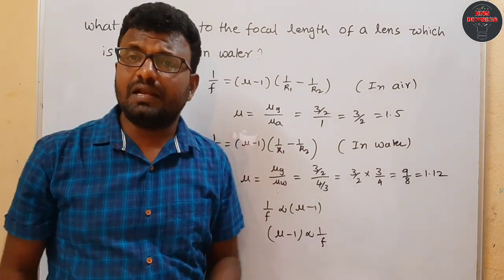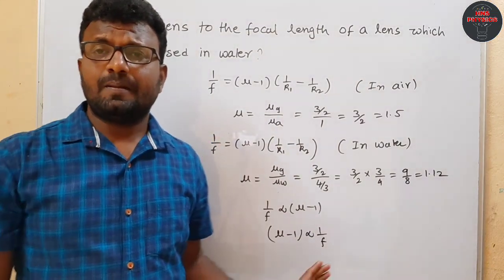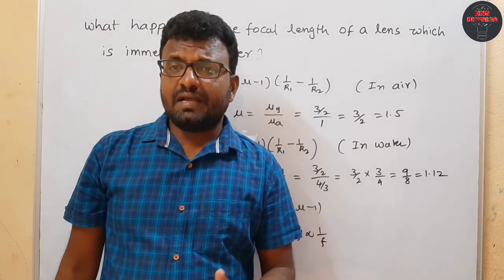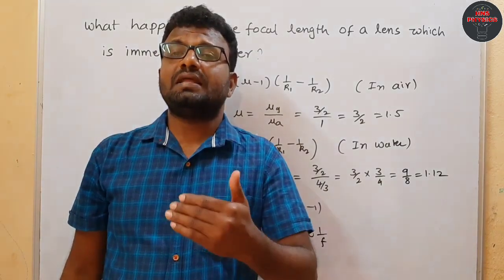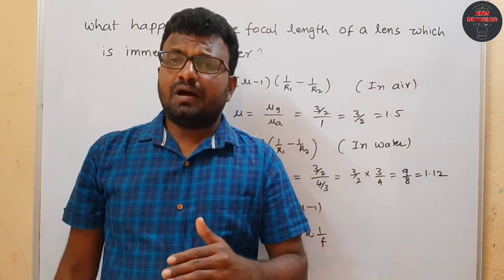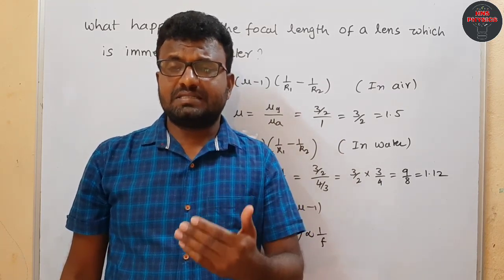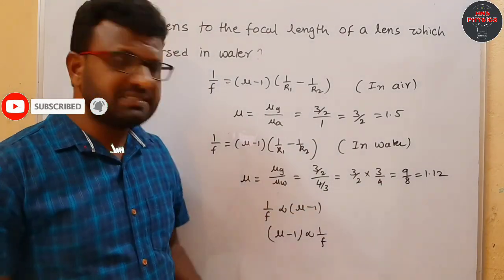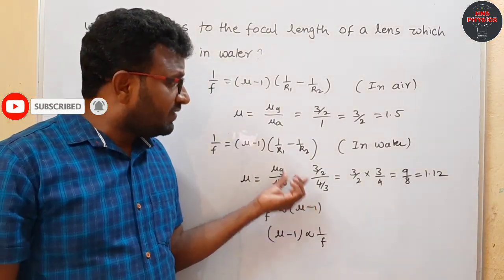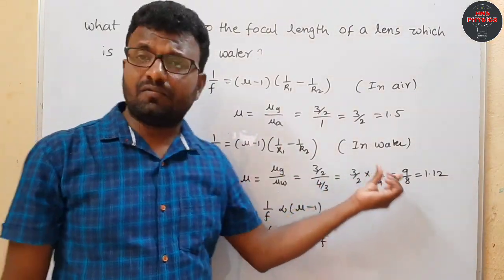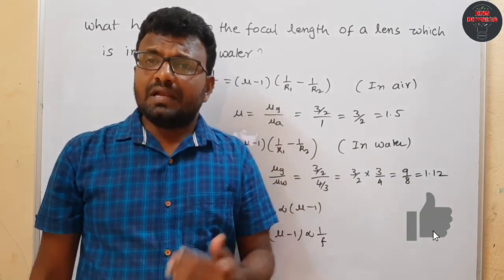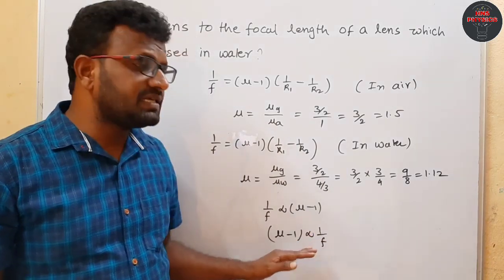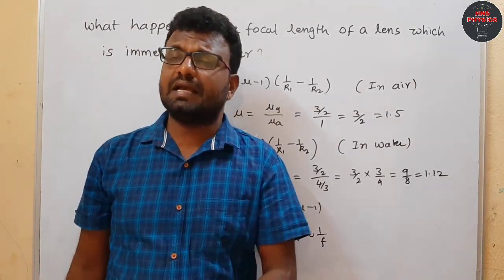That means the relative refractive index is inversely proportional to focal length. If the relative refractive index decreases, the focal length increases, or if the relative refractive index increases, the focal length decreases. Here, when the lens is immersed inside the water, the relative refractive index decreases, so automatically the focal length increases.